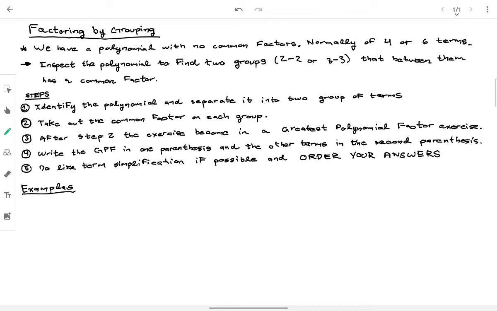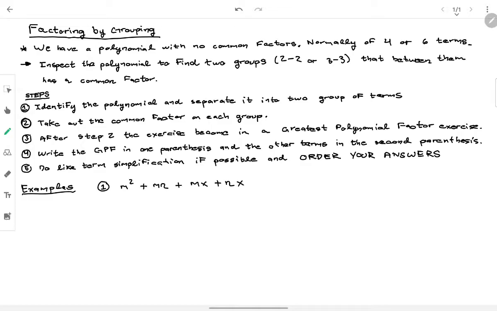So we will write the greatest polynomial factor in one parenthesis and the other terms in the second parenthesis. If possible, we will do like term simplification, and of course we will need to order our answers at the end. After this explanation, we will start seeing some exercises of factoring by grouping.